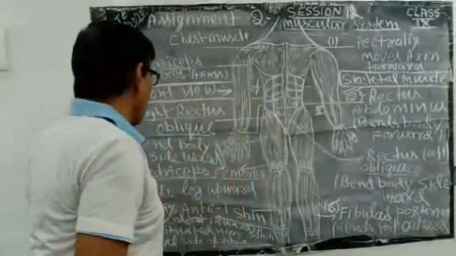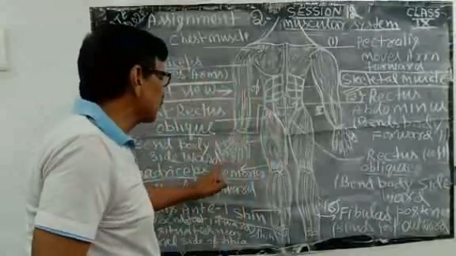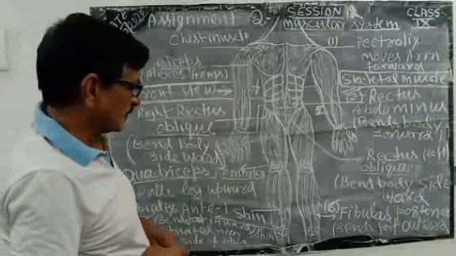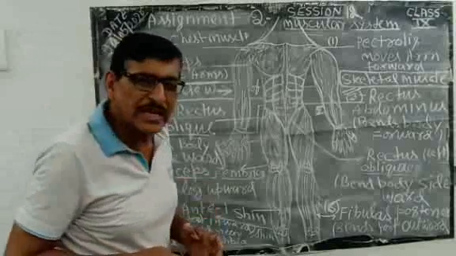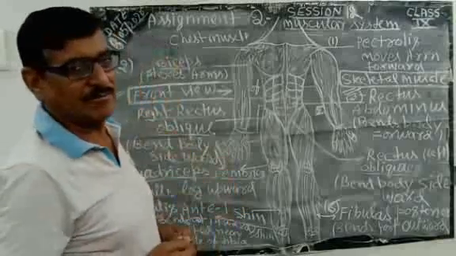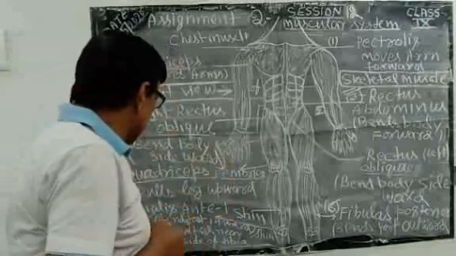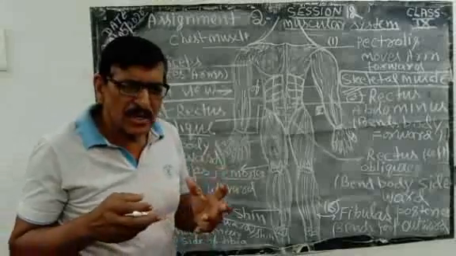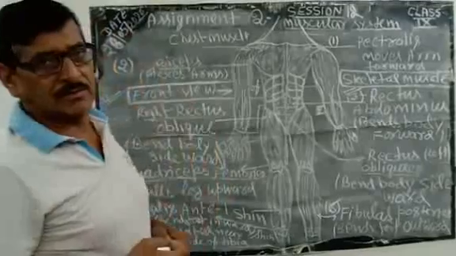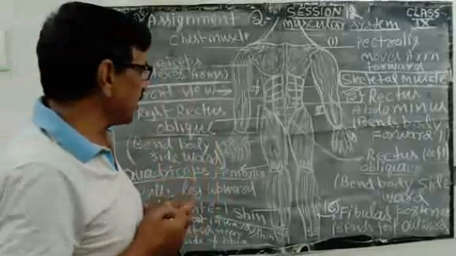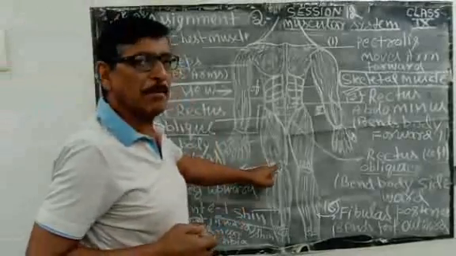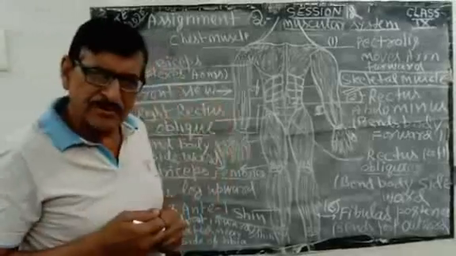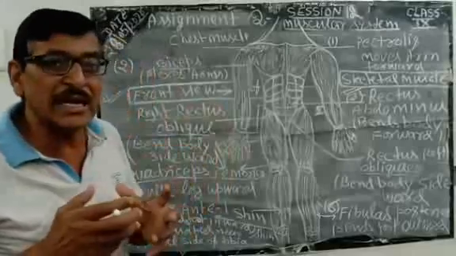And this muscle, quadriceps femoris, is situated on the knee. We can see about it. It is a large muscle group situated on the knee. It helps to pull the leg upward.